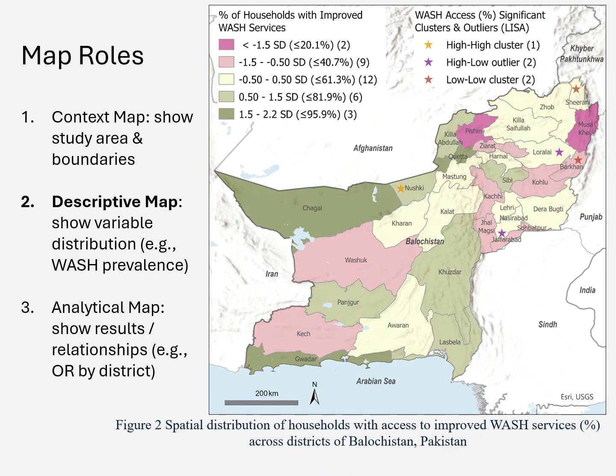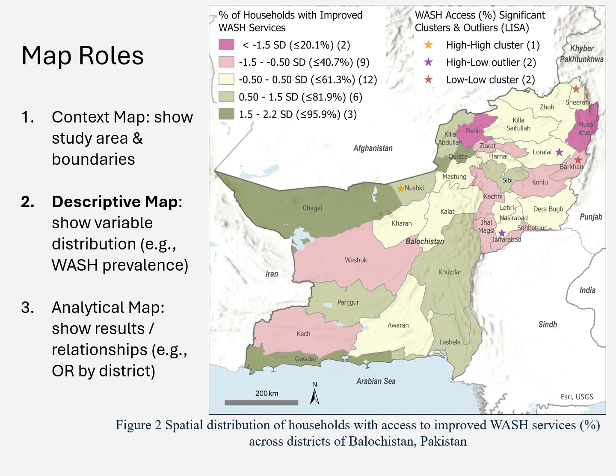So the second map is more descriptive. In other words, we are using the WASH prevalence, our dependent variable, and how it is distributed in terms of percentage. You can see some percentages like 80% and 95% are high prevalence.